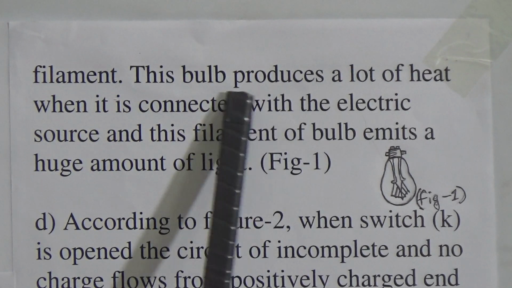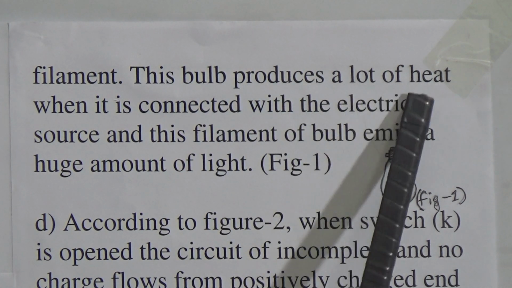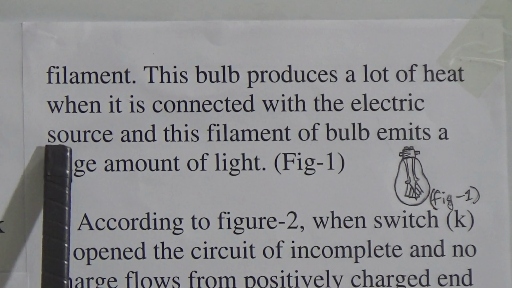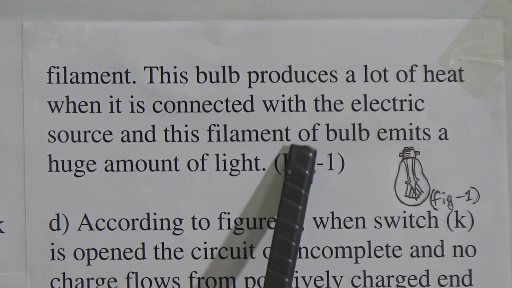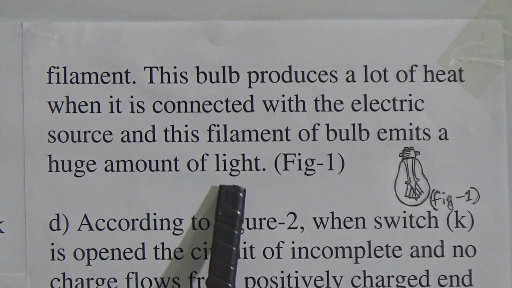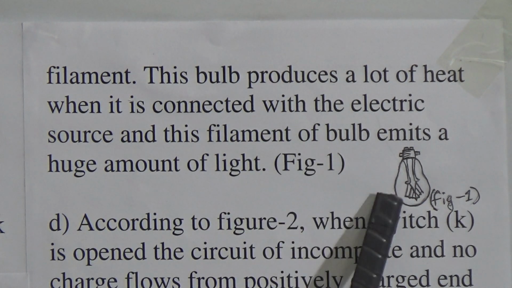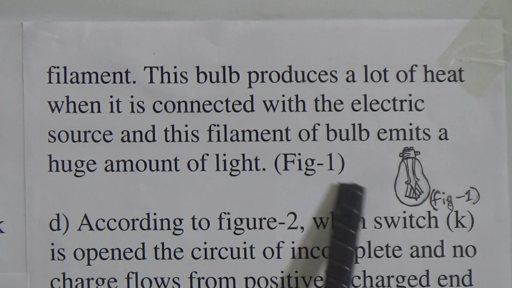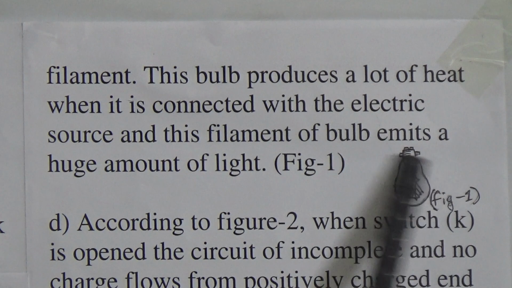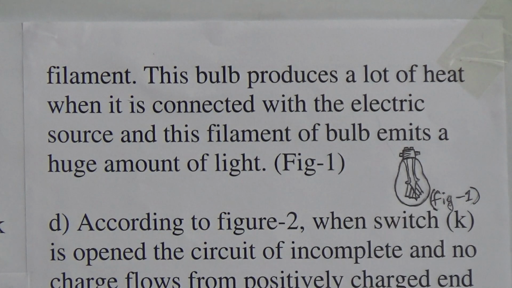This bulb produces a lot of heat when it is connected with the electric source, and this filament of the bulb emits a huge amount of light. And you have to draw figure 1 here. I have drawn figure 1 here.